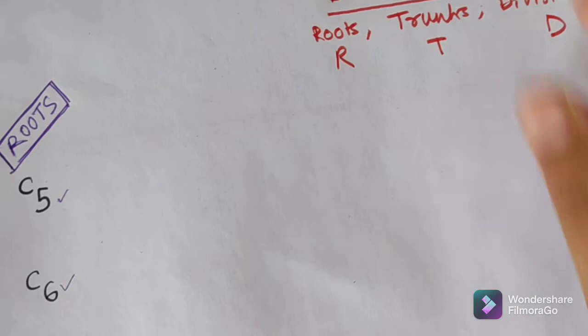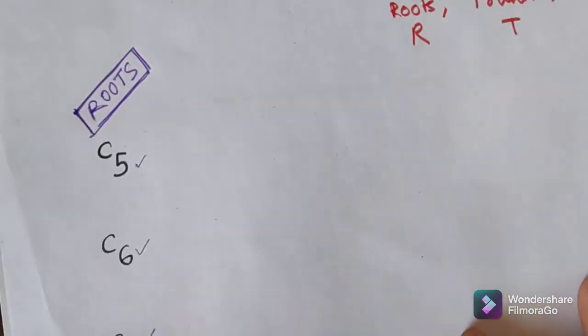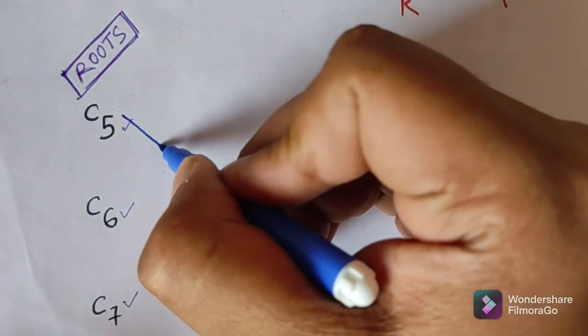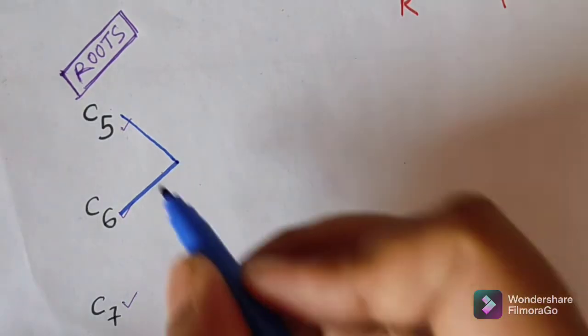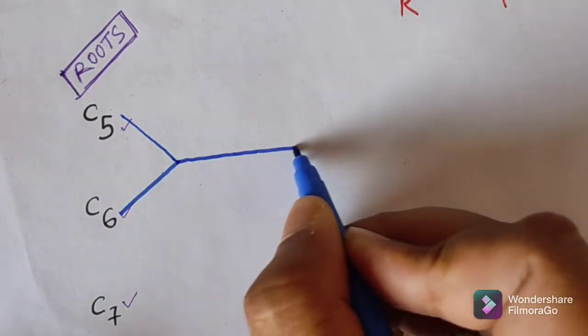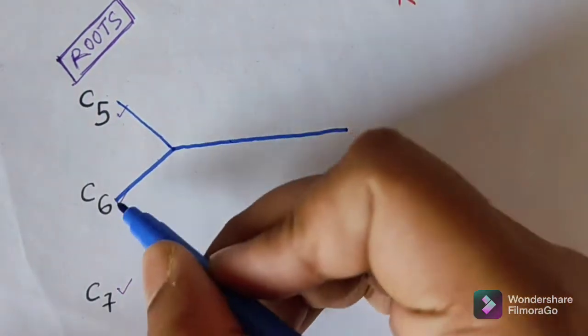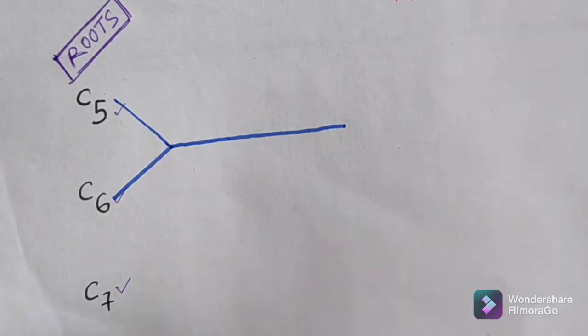Now after making the roots, the C5 and C6 roots will join to form the upper trunk of the brachial plexus.